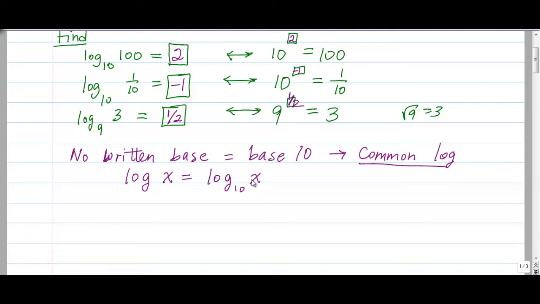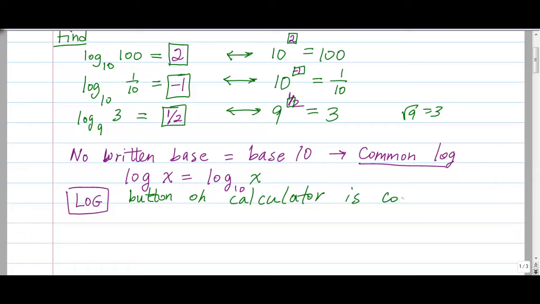Okay, so that's what the log button on your calculator is, base 10. That is the common log.